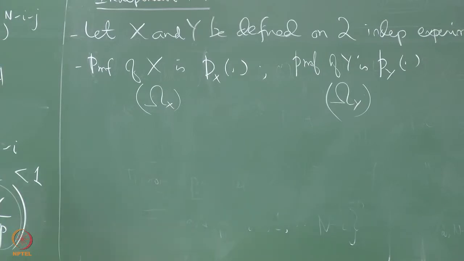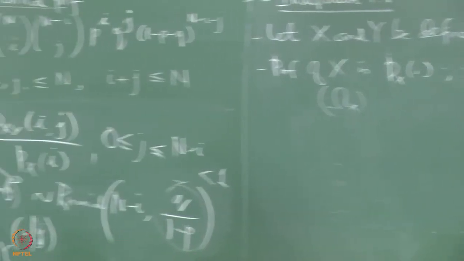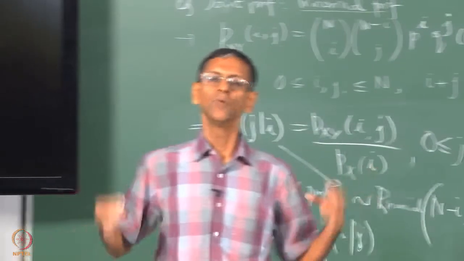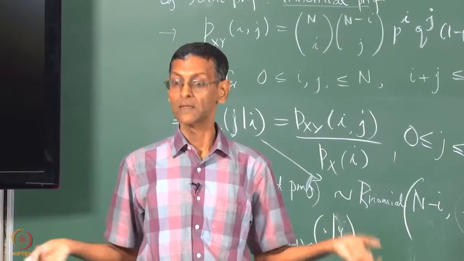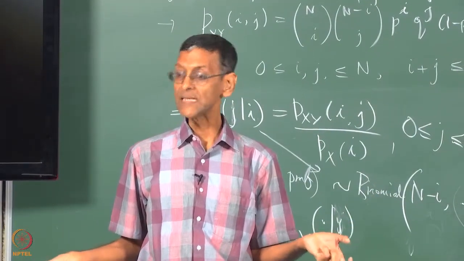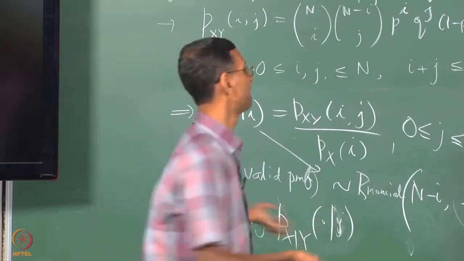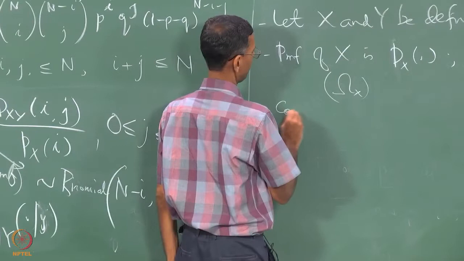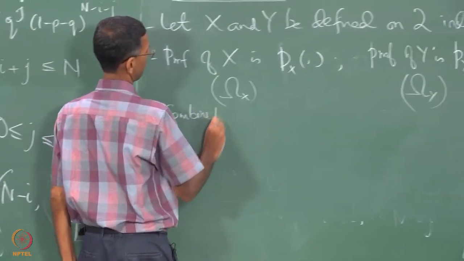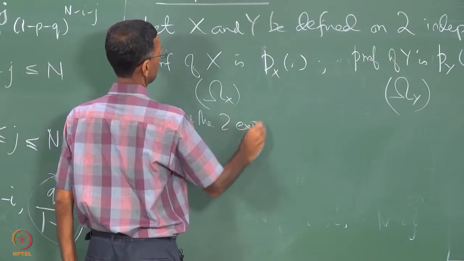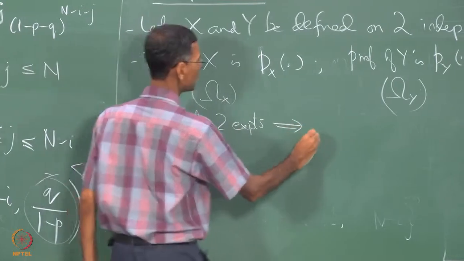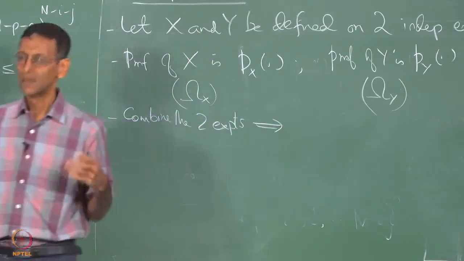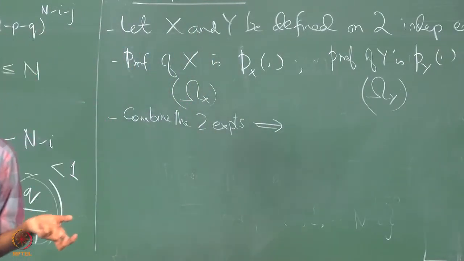So now if I consider the combined experiment, which is doing both experiments together, I get the combined space omega XY. What must omega XY be?